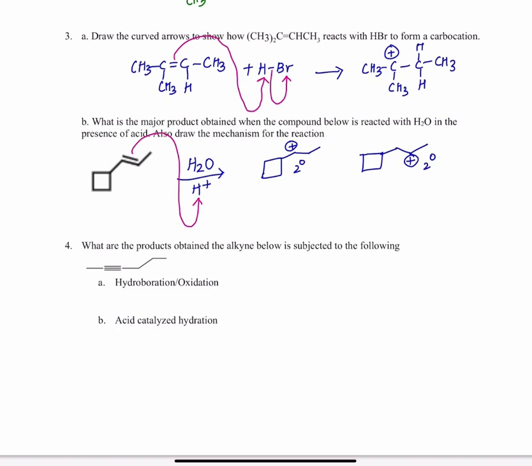Now, each one of these can be attacked by the nucleophile to give the different products, right? But this molecule wants to see whether it can be converted into a more stable carbocation. So for which we have to look into either 1,2-hydride shift or 1,2-methyl shift or both. Now, if you take a look into this, this is a cyclobutane molecule, which is a highly strained molecule.